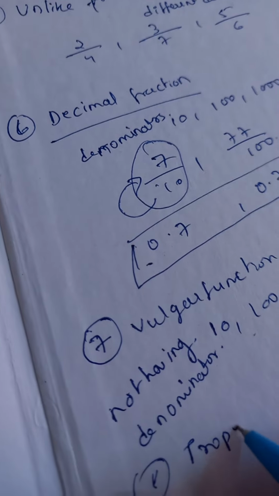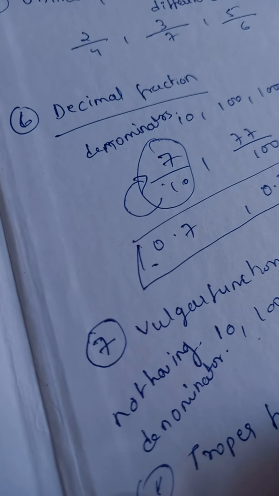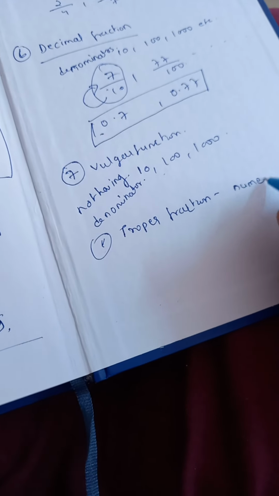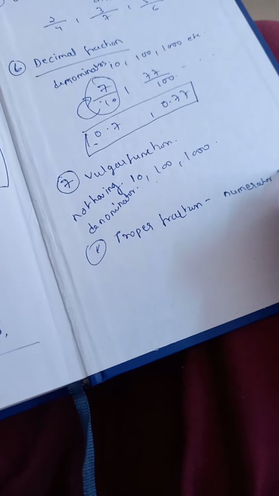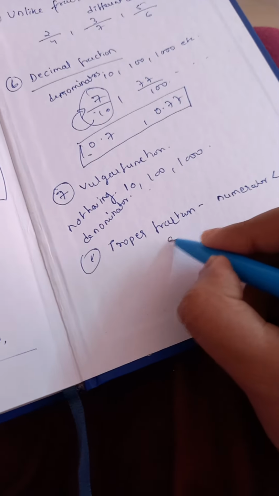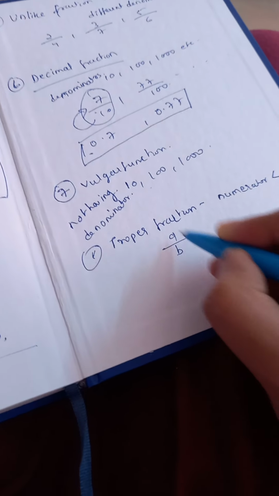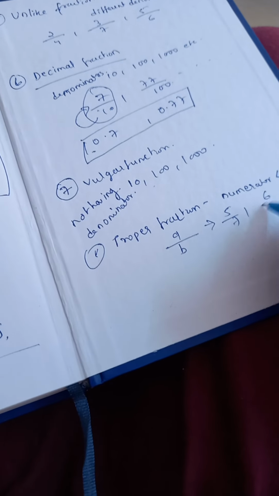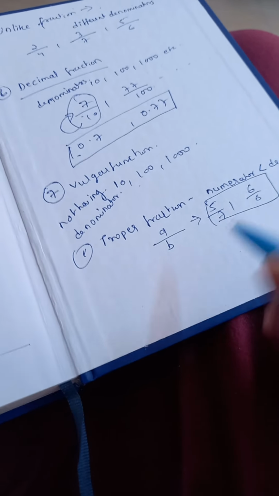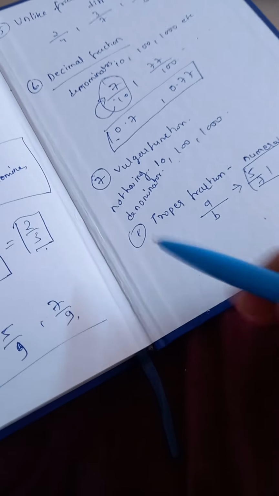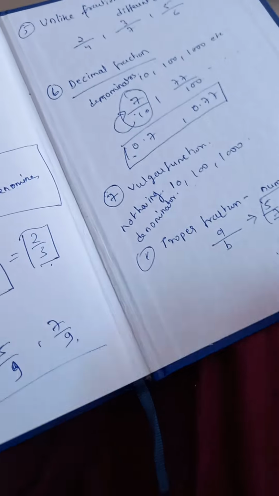Next is proper fraction. A proper fraction is one where the numerator value is always less than the denominator. It means we can write the fraction in a by b form, like 5 by 7, 6 by 8. These are the fractions which are called proper fractions, where the numerator is always less than the denominator of the fraction.